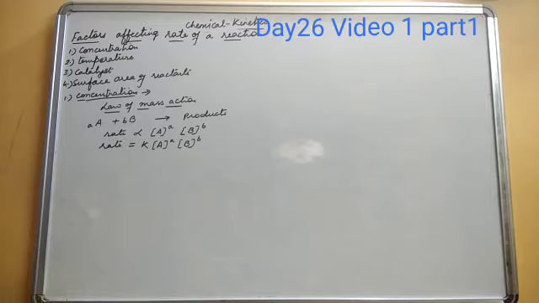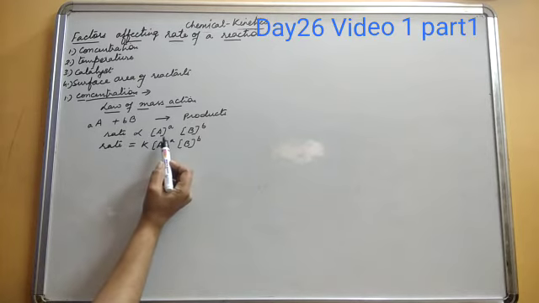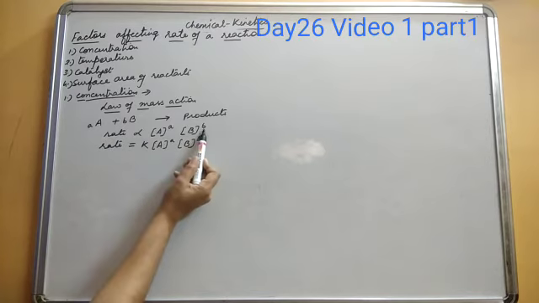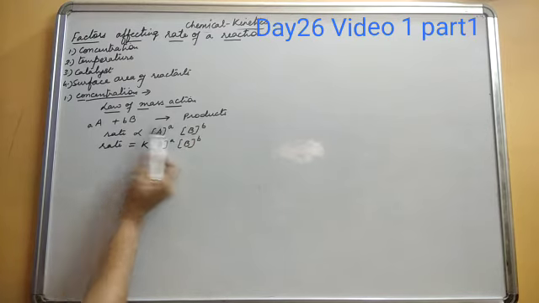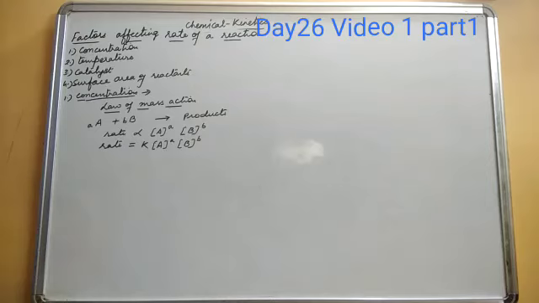But practically it is slightly different because rate of any reaction may or may not depend on the molar concentrations or stoichiometric constants from the balanced chemical equation. Maybe sometimes they do not depend, or sometimes they depend on 1 power of that reactant or 2 power or 3 power or fractional power of those reactants. Experimentally these things are different.